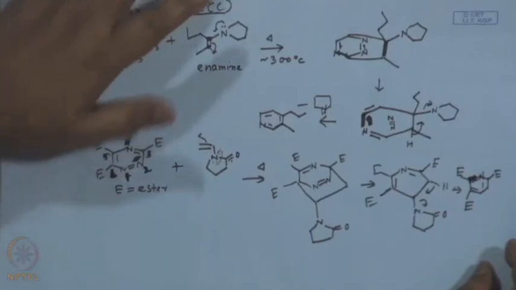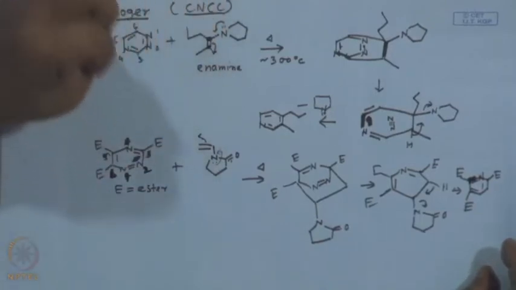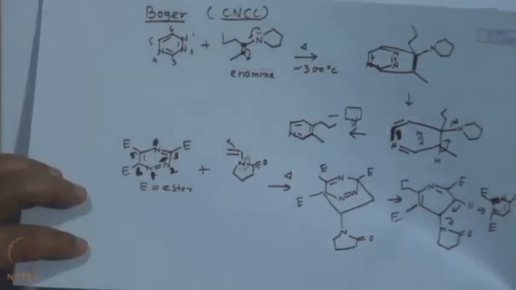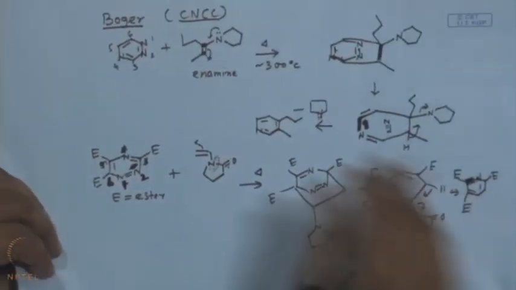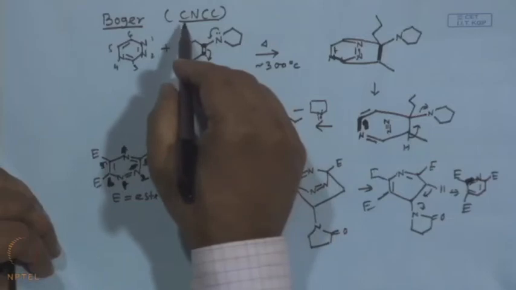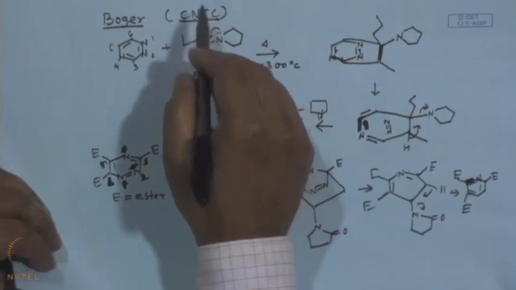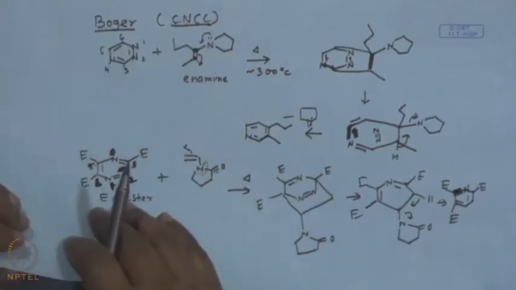So, that means just by identifying the electron deficient atoms, one can quickly establish the regiochemistry of this problem. And whenever you, let us say, want to form a CN-CC skeleton or CC component, you can choose either oxazole or the triazine. Okay.